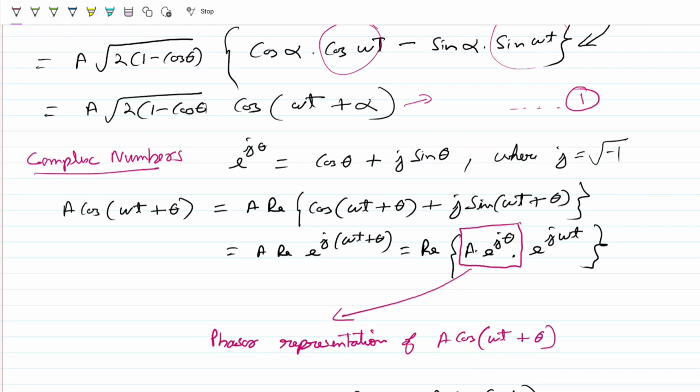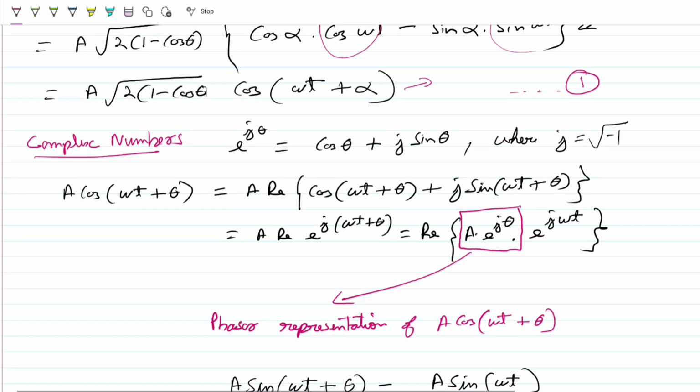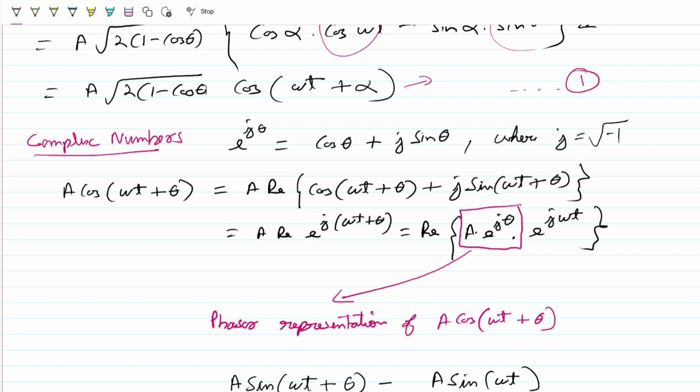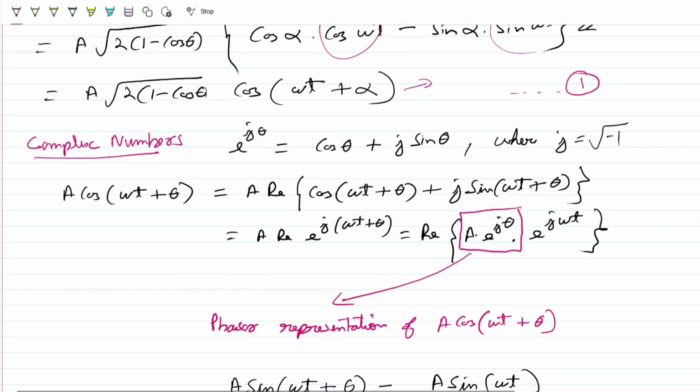Before that, there should be some background of complex numbers to understand how the Phasor representation is used. This is the well-known Euler's formula in complex numbers, where e to the power j theta is cos theta plus j times sin theta, where j is the imaginary number, the square root of minus 1.